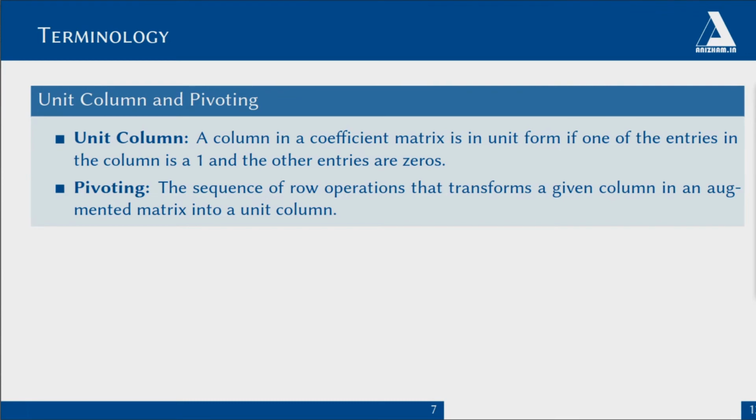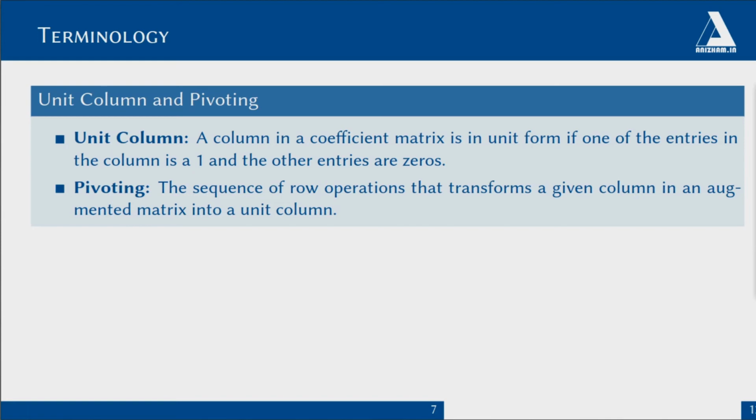Now unit column. A unit column is a column in a coefficient matrix if one of the entries in the column is a 1 and all other entries are zeros. So in a unit column there will be only one 1 present and all other elements will be zeros.